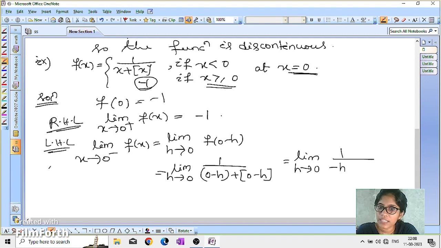The minus h means minus 0; in place of h we will put 0.1 and so on. Okay, because h tends to 0, that means 0.1, or we may take 0.2.